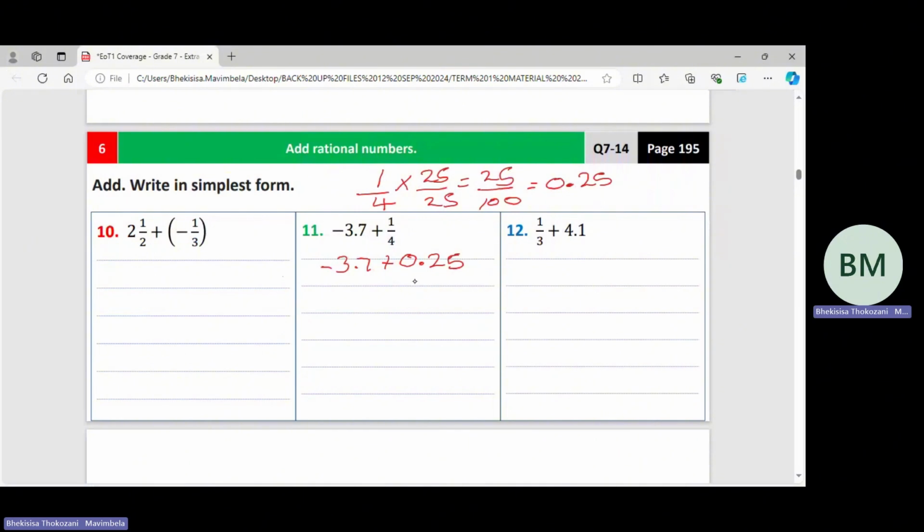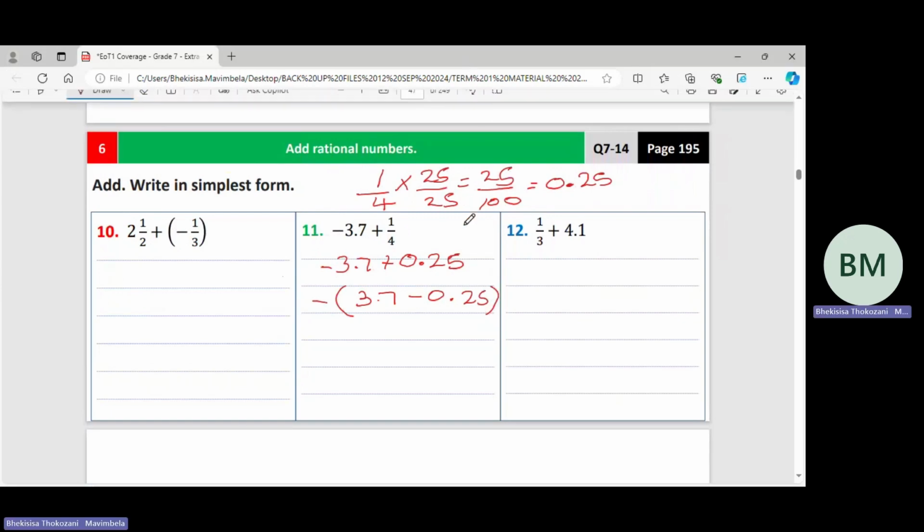Now the signs here are not the same. So what are we going to do, guys? Because the signs are not the same, we are going to look for a bigger number, and the bigger number here is 3.7. So we're going to put minus, and we're going to say the bigger number, which is 3.7. You can just always take a bigger number to minus so that you don't stress. Minus 0.25.